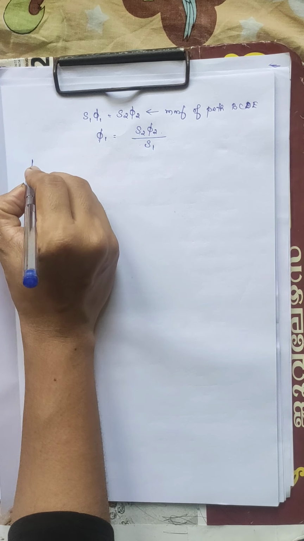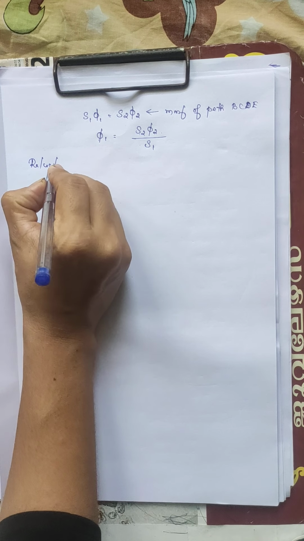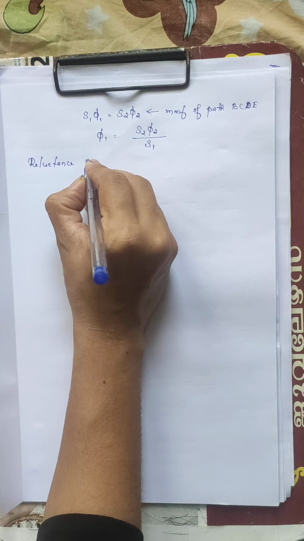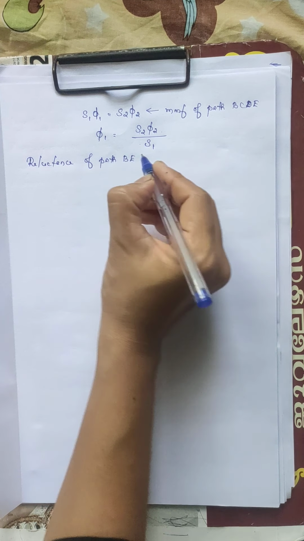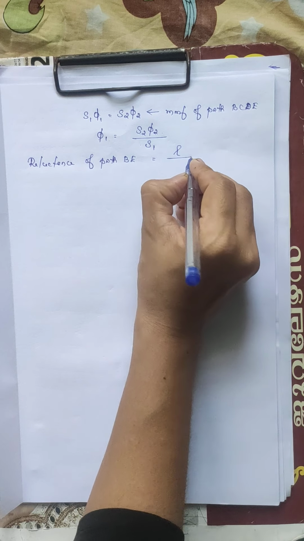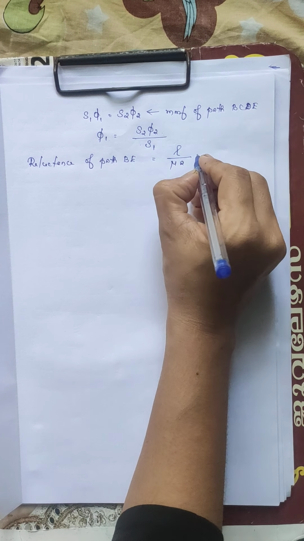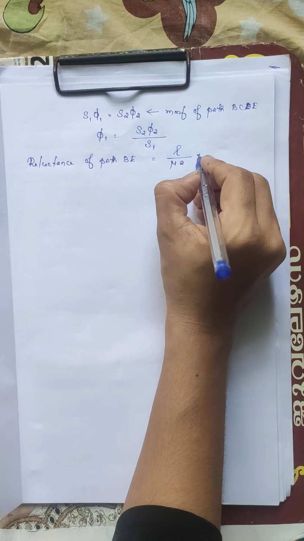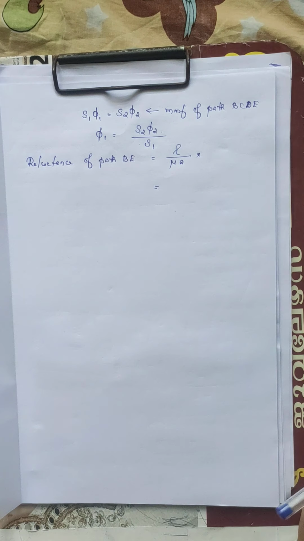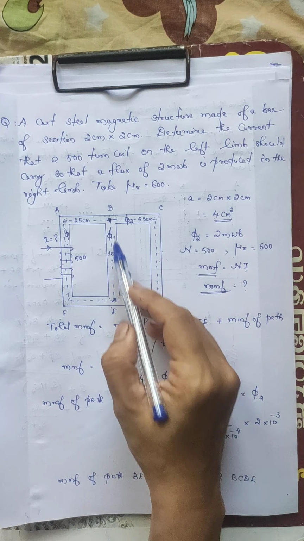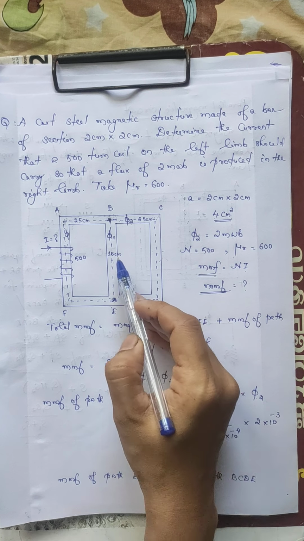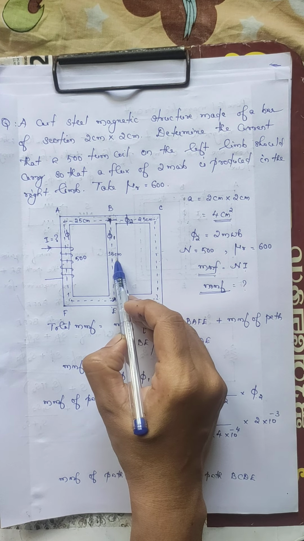So let us calculate the reluctance of path BE. Reluctance of path BE will be L divided by mu A. Let us see what is the length of path BE. Length of path BE, it is from here to here and it is given as 15 centimeters.